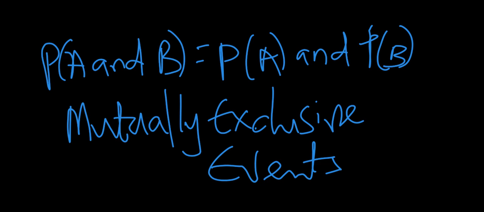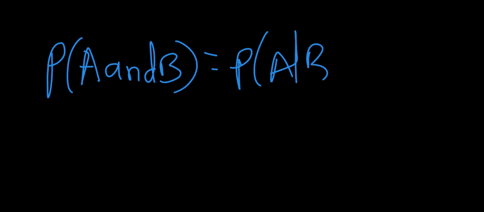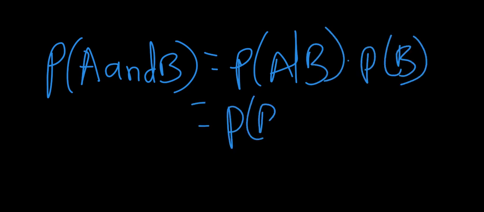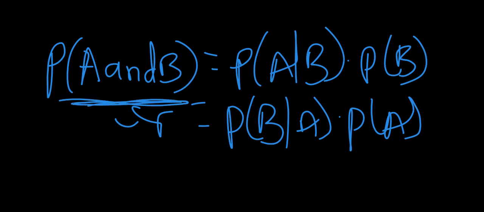Now, for events that are not mutually exclusive, the probability of A and B occurring from our Bayes' theorem is, in the same sense, this. So this is just taking this as an isolated formula from Bayes' theorem.